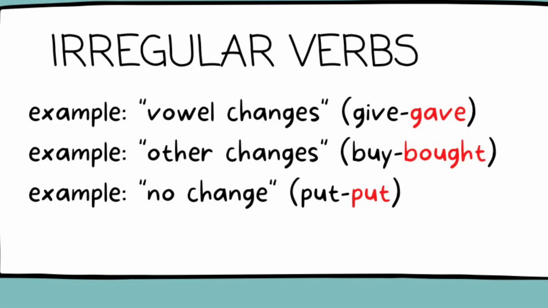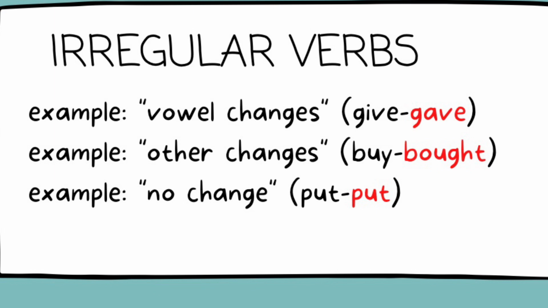For irregular verbs, there are three types of changes that we need to be aware of. The first one is vowel changes. The second one is other changes. The third one is no change at all.